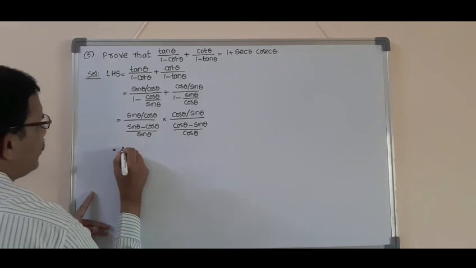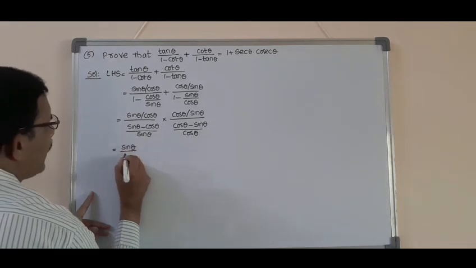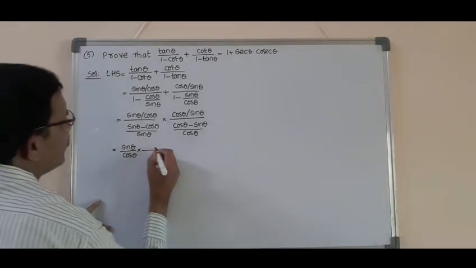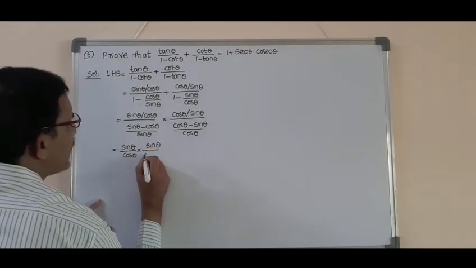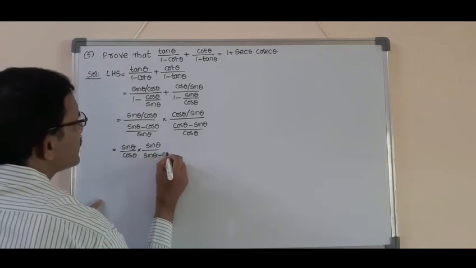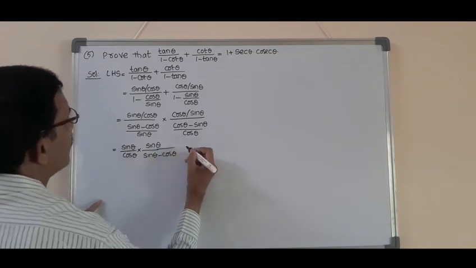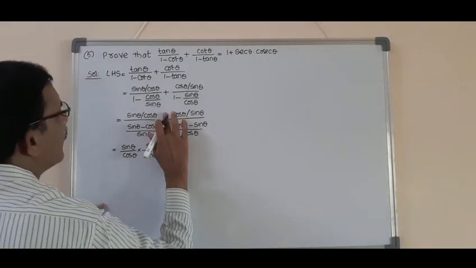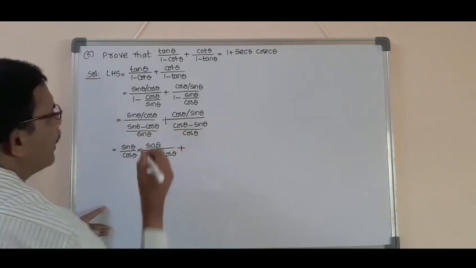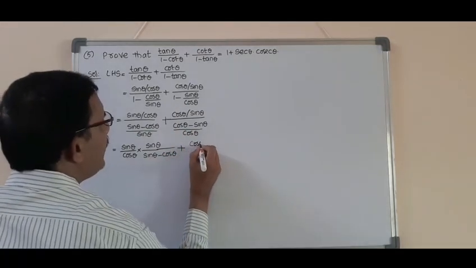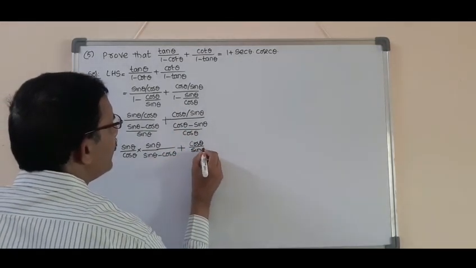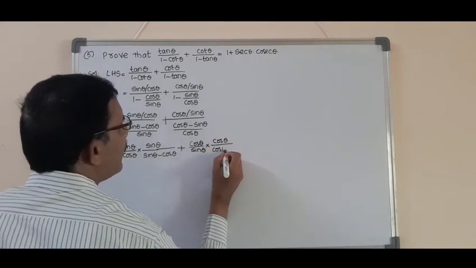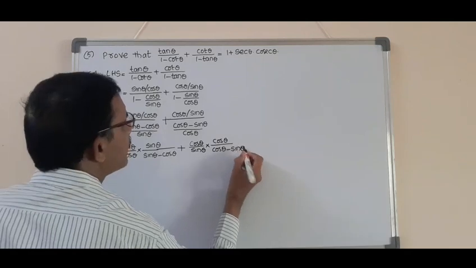Now, numerator is sin theta by cos theta. Here denominator will become the reciprocal. So it is sin theta by (sin theta minus cos theta). Here it is plus sign. Plus cos theta by sin theta into cos theta by (cos theta minus sin theta).